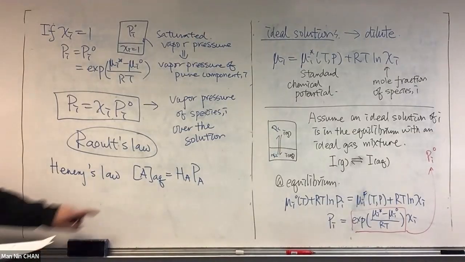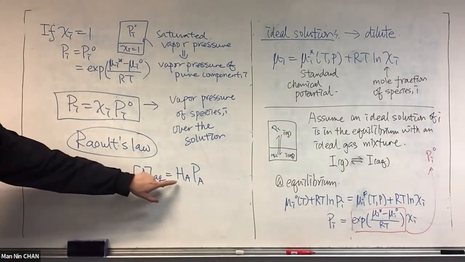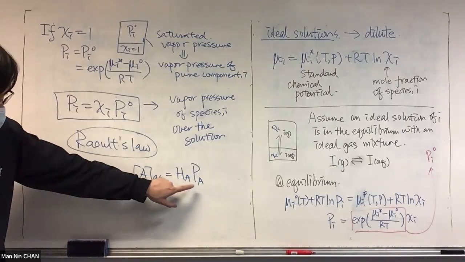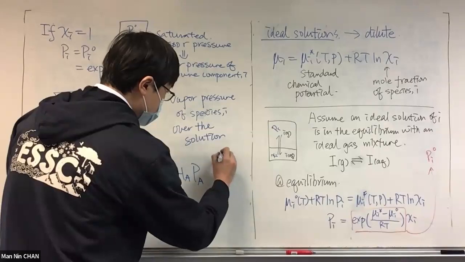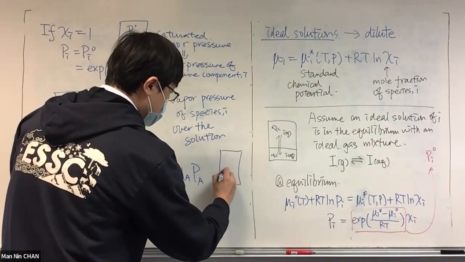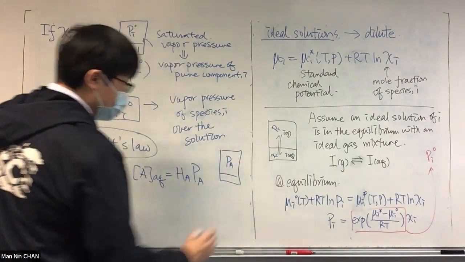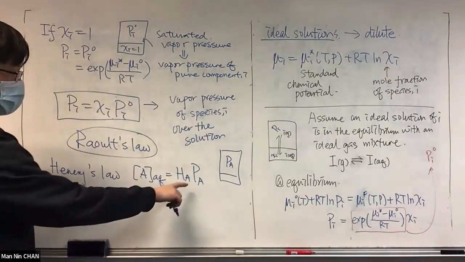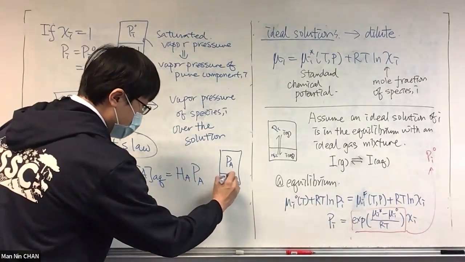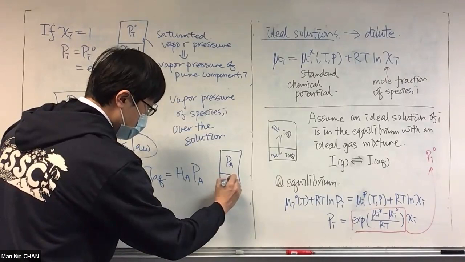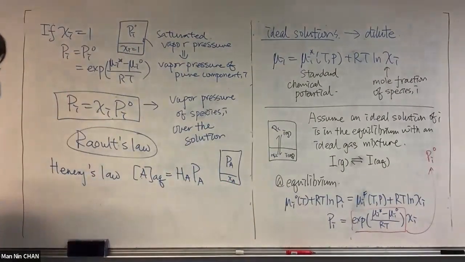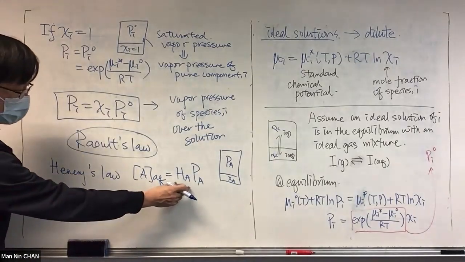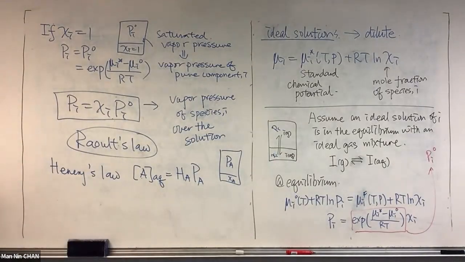Henry's law tells you, say, this is your Henry's law constant for your species A. If you know the partial vapor pressure of your species, then you can predict the aqueous phase concentration of your species using the Henry's law constant here.